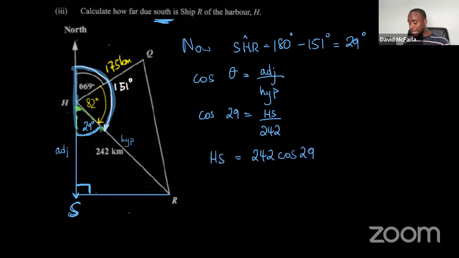And now when you put that in a calculator, 242 cos 29, what do you get? I think I get something close to, let's work it out here. 242 cosine 29.